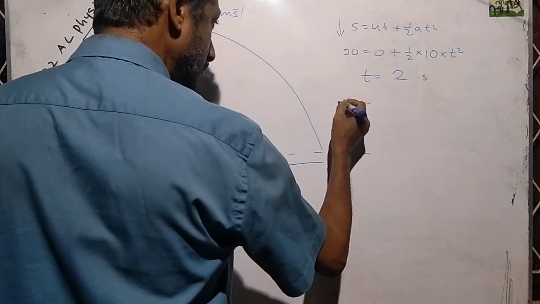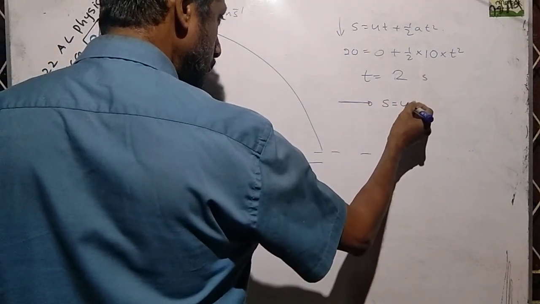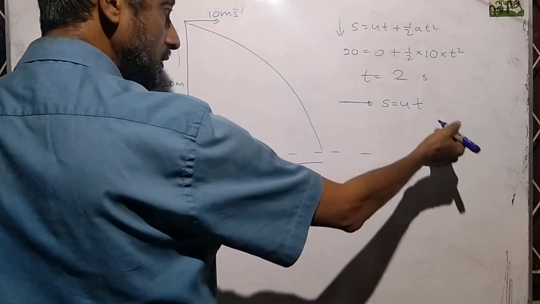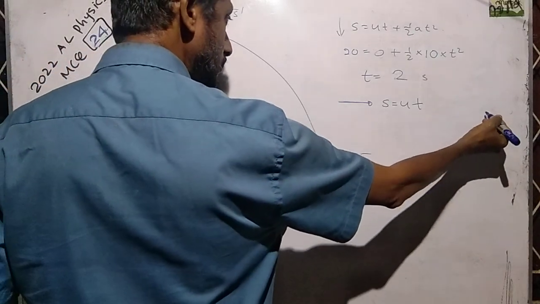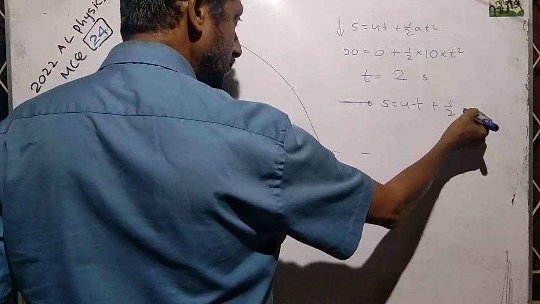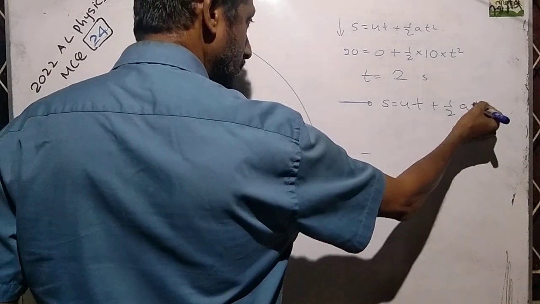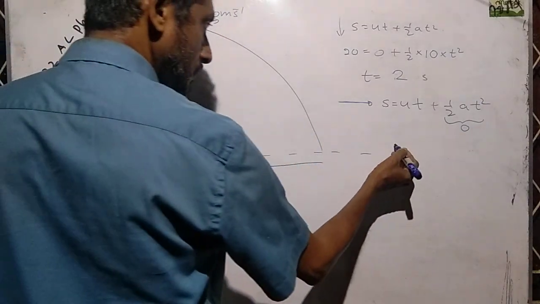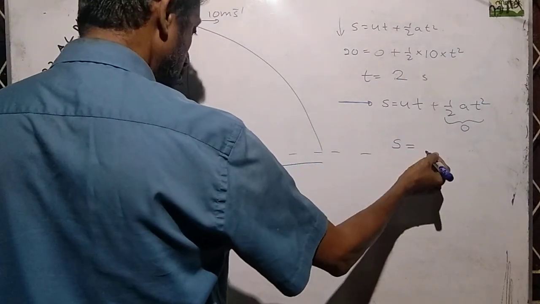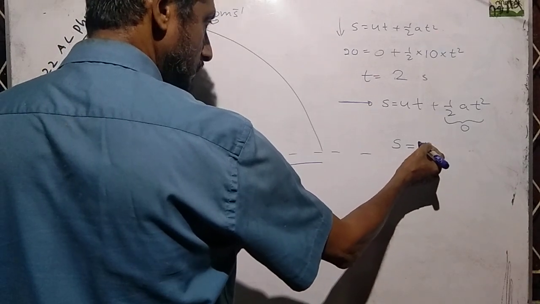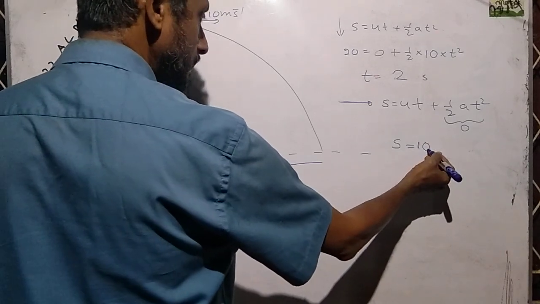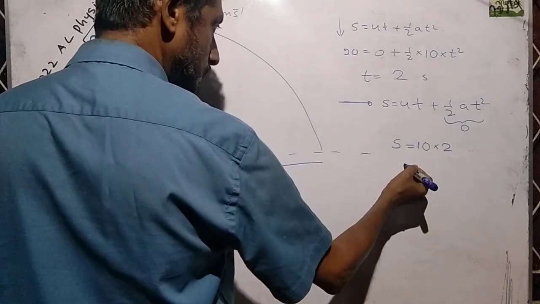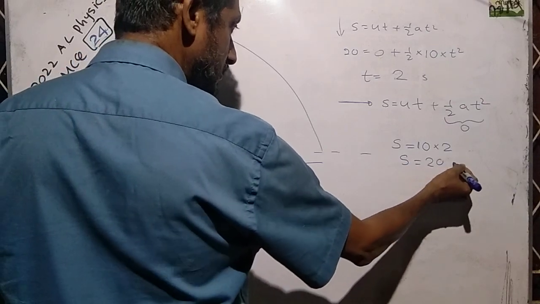I apply horizontally s equals ut plus half at squared, where the second term is 0 because there is no acceleration horizontally. s equals u t: the projection velocity horizontally is 10 m/s and t we calculated already as 2. s equals 20 meters.